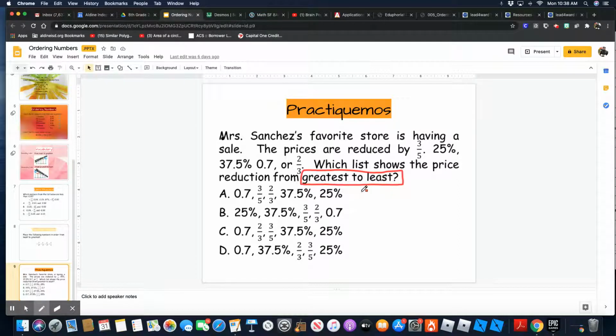Okay, so what I'm going to do, I'm just going to rewrite all these numbers out here so you can see them better. So I had 3/5, I had 25%. Here, I'm going to put a little comma between each one.